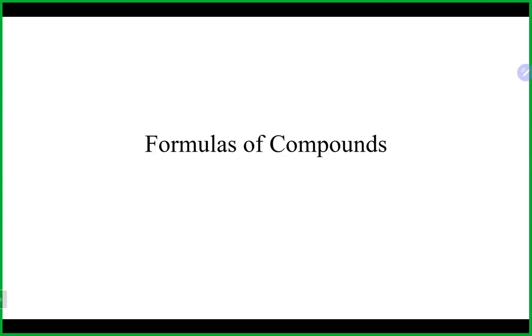So the first thing we're going to talk about is formulas. When we write something, for example H2O, which is water, we use the chemical symbols, and we also use a subscript to indicate how many atoms of each we have. The subscript always goes to the element on the left. So in the case of water, that indicates we have 2 hydrogen atoms.